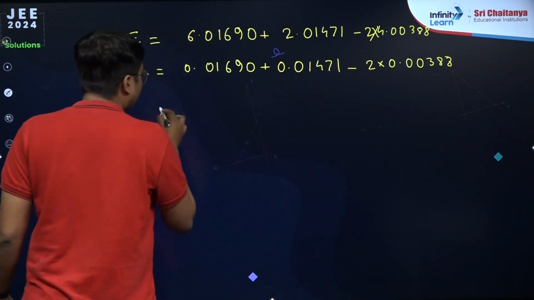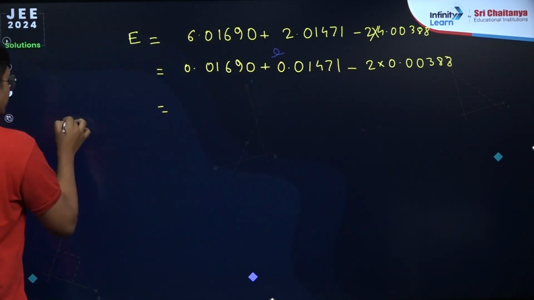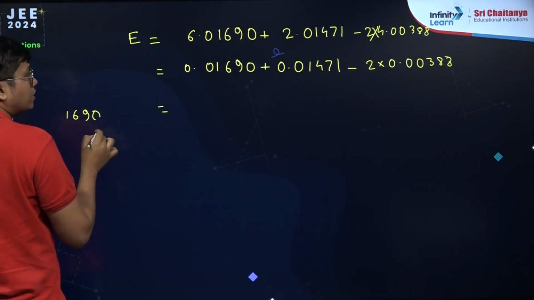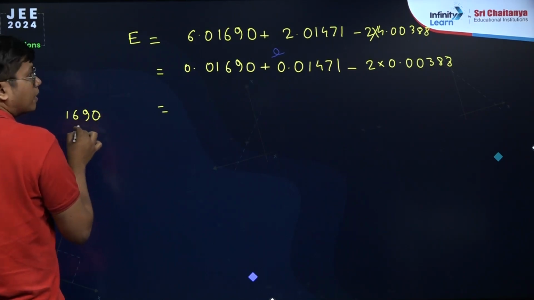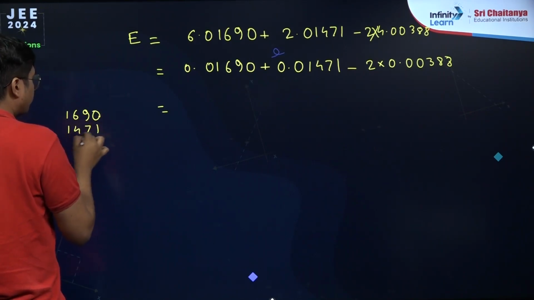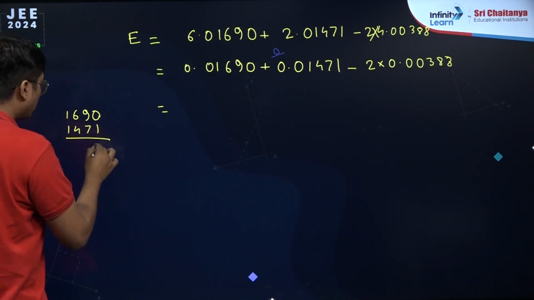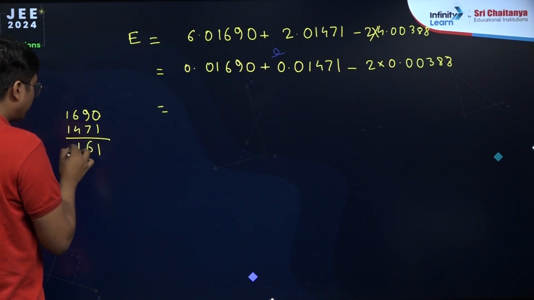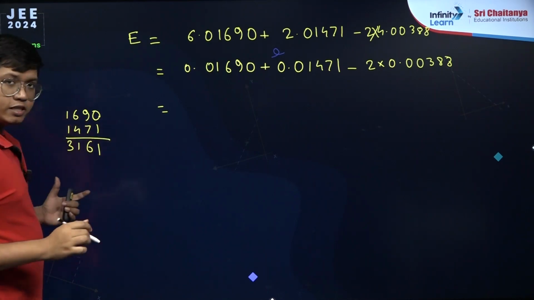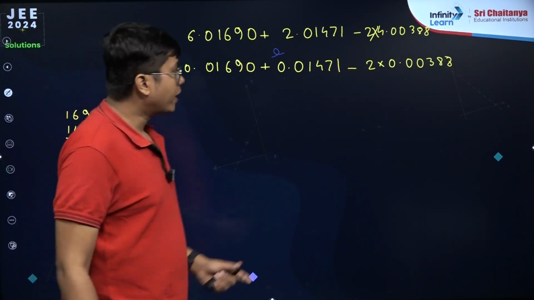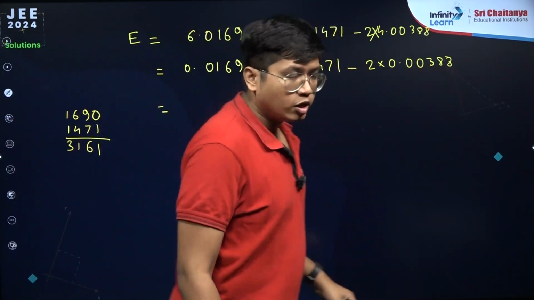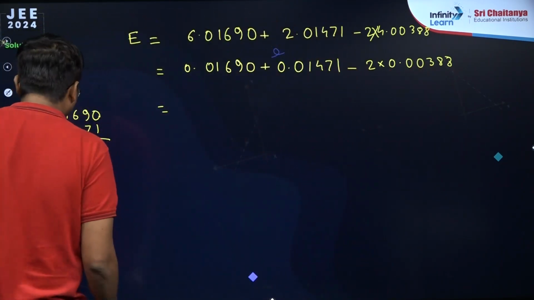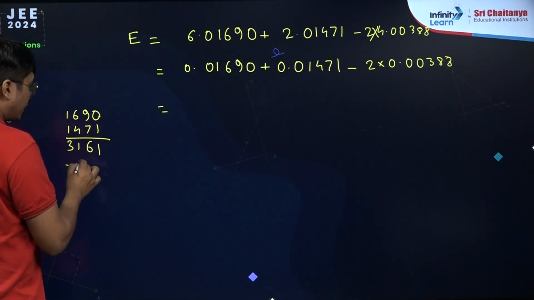So technically, if I add them all up here, 1690 plus 1471, that's going to give you 3161, and from that you subtract 2 into 388. 2 into 388 would be 776.